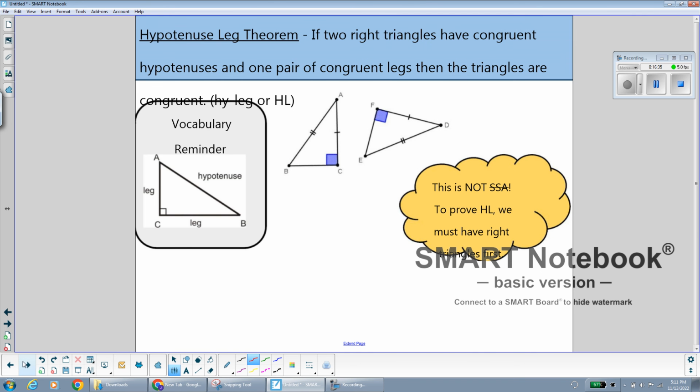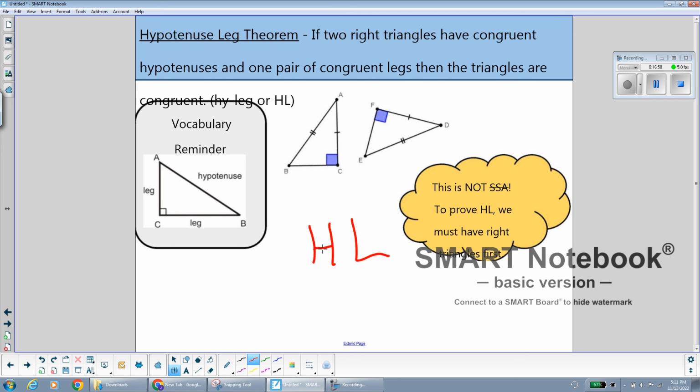We also have the hypotenuse-leg theorem, or HL for short. And the hypotenuse-leg theorem is specifically for right triangles. You can remember it's for right triangles because if you don't have a right triangle, you don't have a hypotenuse and you don't have a leg. Those are special parts of right triangles. Aside from just having a right triangle, you also need the H part and the L part.